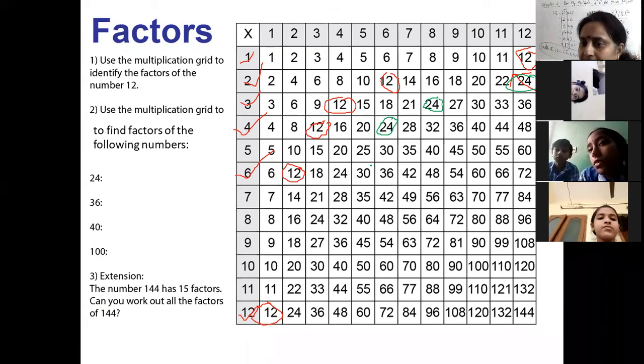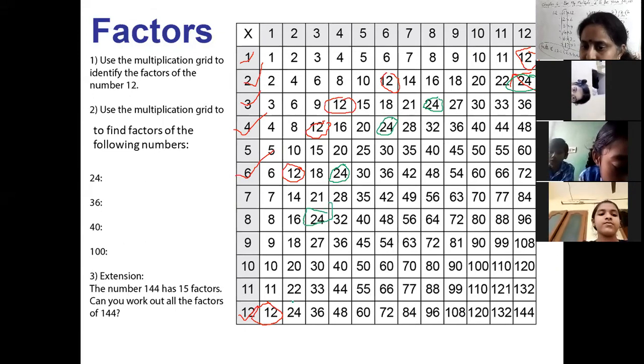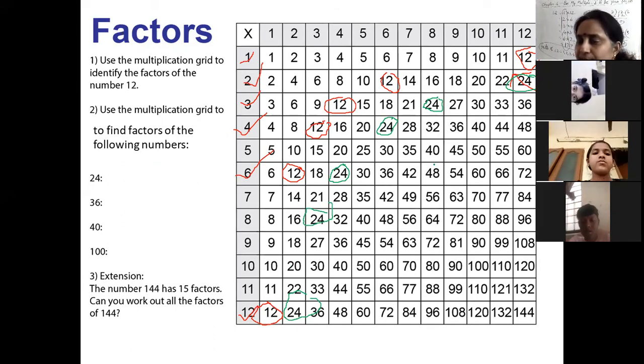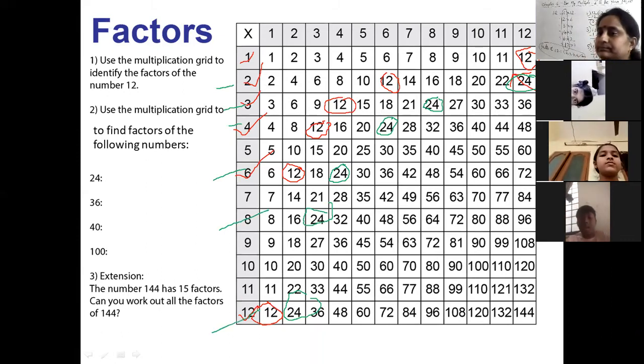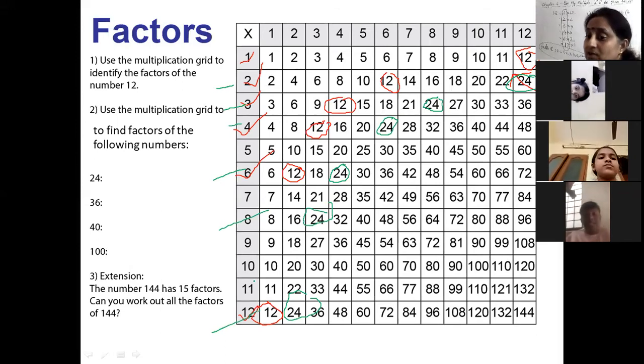In the 5 table we won't get it. 6 4s are 24. 8 3s are 24. Next, 12 2s are 24. Then what are the factors of 24? 2, 3, 4, 6, 8 and 12. 10 is not there.